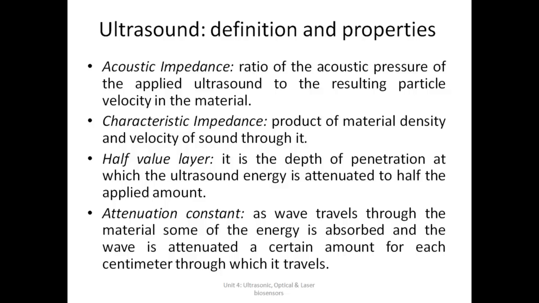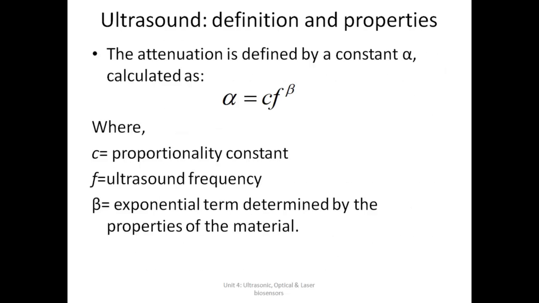Like I told you, every medium also absorbs certain energy, which we call attenuation, because that is a loss that is not useful to us in any way. So the attenuation constant is the rate at which attenuation takes place for each centimeter when the ultrasound wave is traveling through a medium.